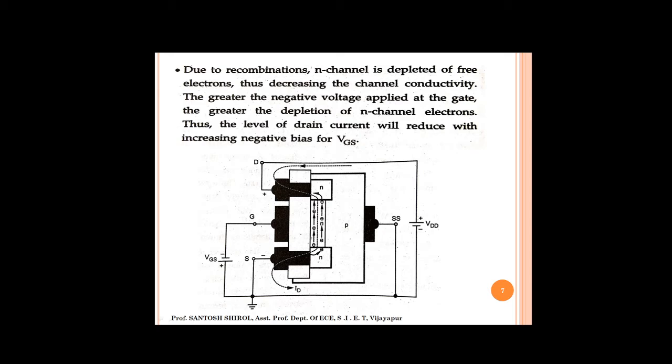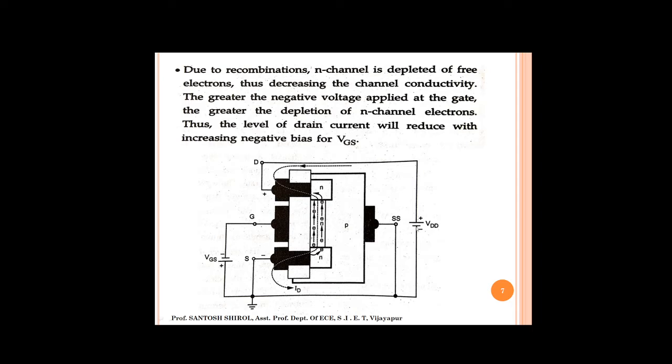In the source terminal we have n-type material, where the majority charge carriers are electrons. From the negative terminal electrons are coming in, so whatever electrons are in the source will be repelled towards the channel. The electrons in the source will be repelled by the electrons emitting from the negative terminal of the battery. They will be forced to move to the channel.